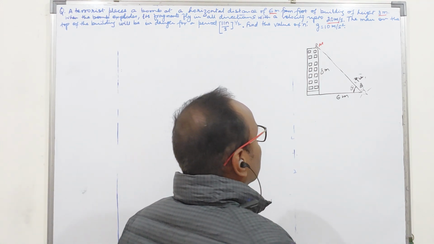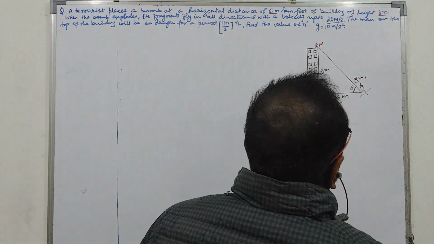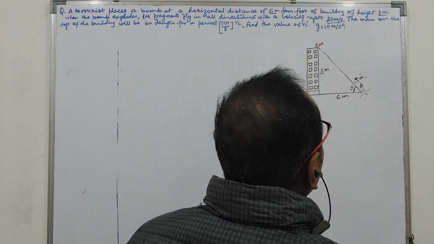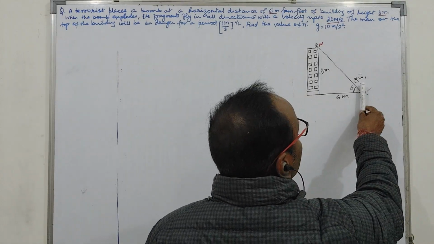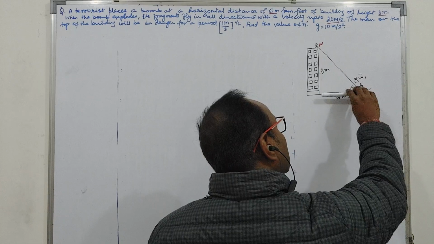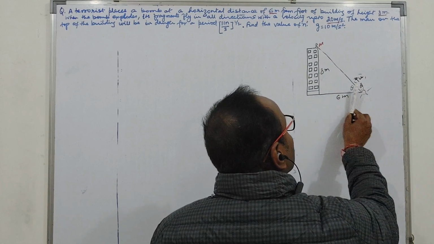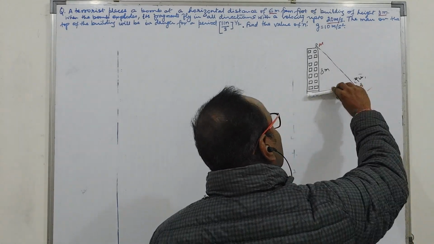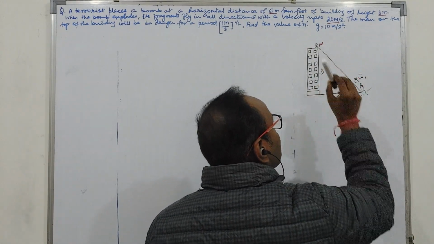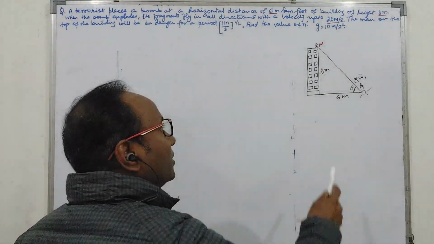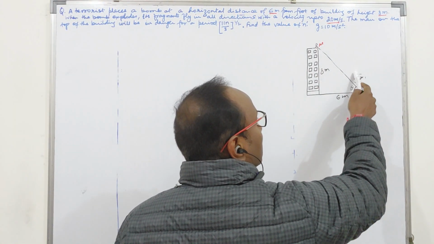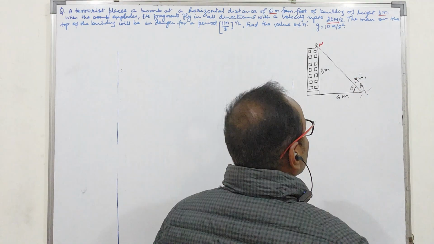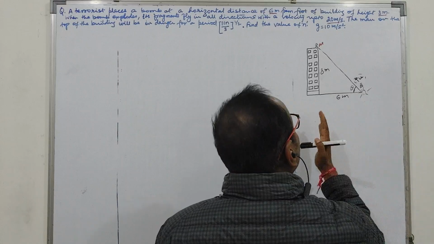So we will write the equation for that. If it is reaching from B to M, during that time it should cover a distance of 6 meters in the horizontal direction and 8 meters in the vertical direction at the same time. So we will divide this u into two components, one horizontal and one vertical.